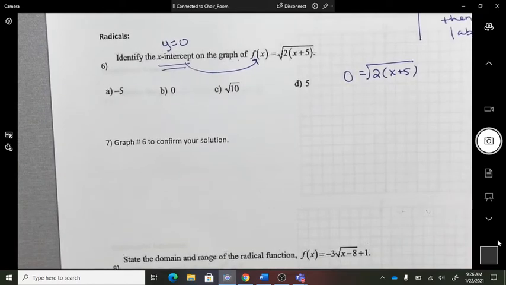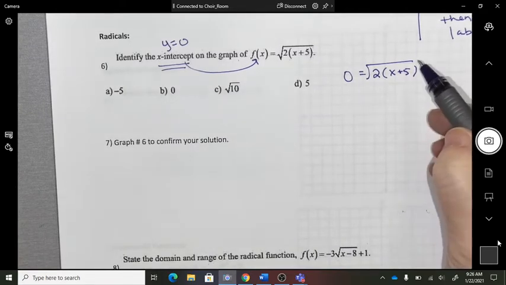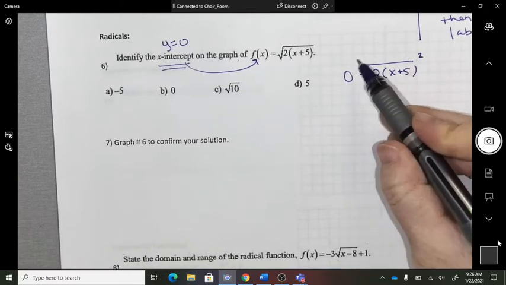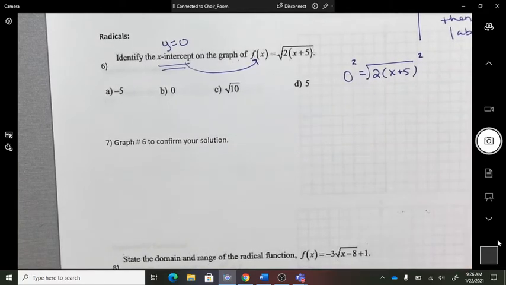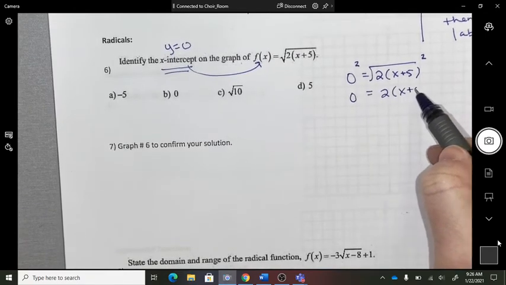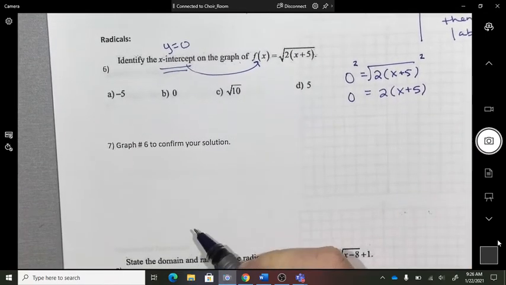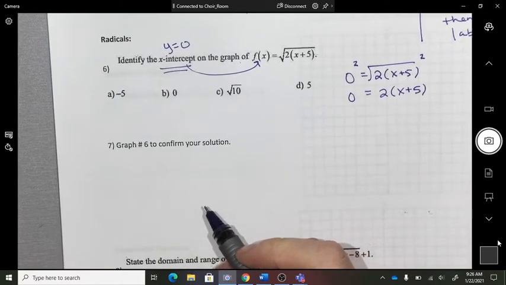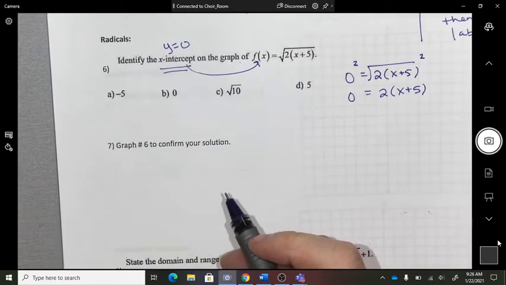Okay, how do you solve something like that? What would be your first algebraic steps? I'm going to square both sides. Then you could either distribute or divide the two.